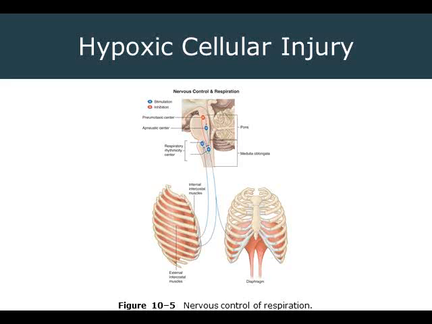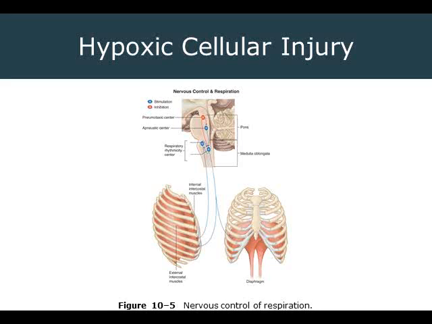There's a stimulating center, there's an inhibition center, and they read what we call baroreceptors and chemoreceptors. Baro meaning pressure, chemo meaning chemical. They'll read these receptors in a few sites, mainly your carotid arteries, and read how much oxygen and how much CO2 you have in your system, and then that drives your respiratory rate and pattern.